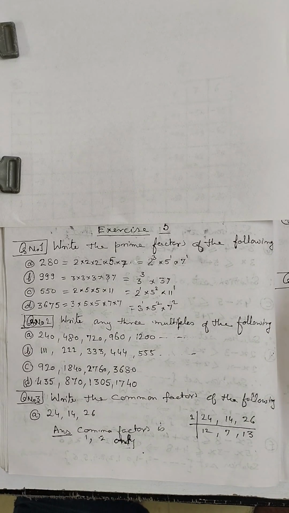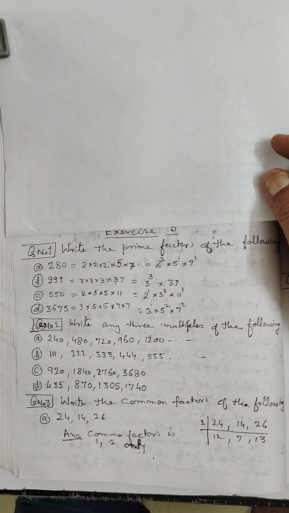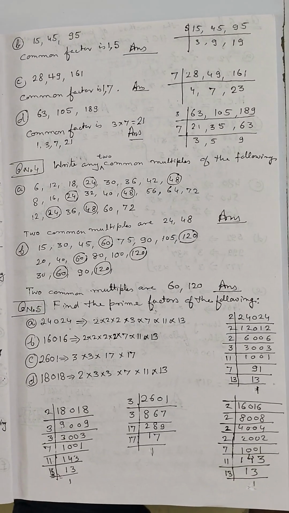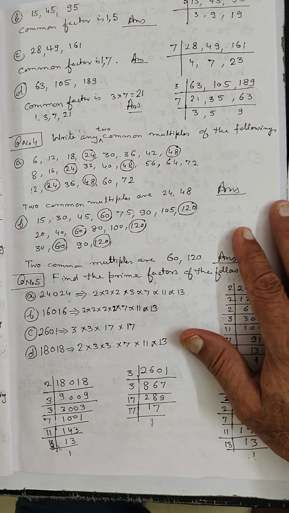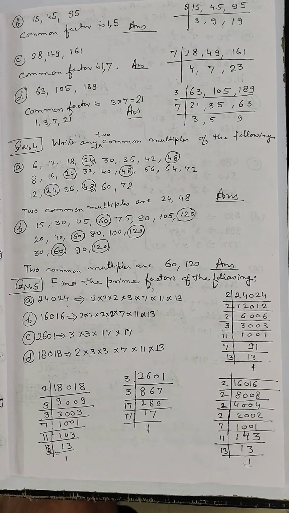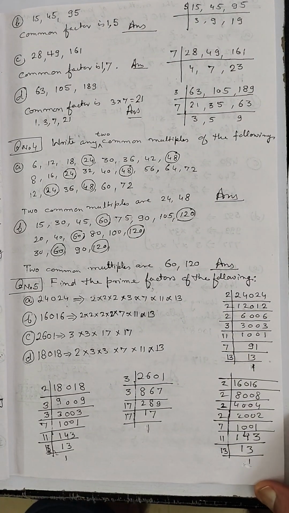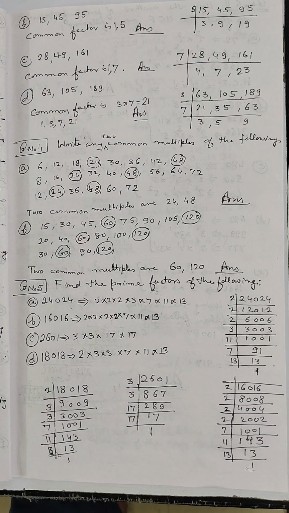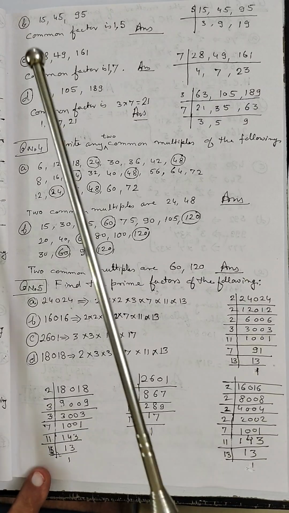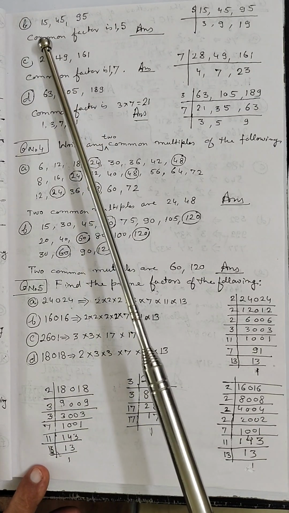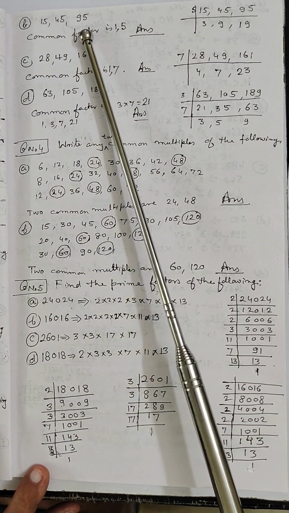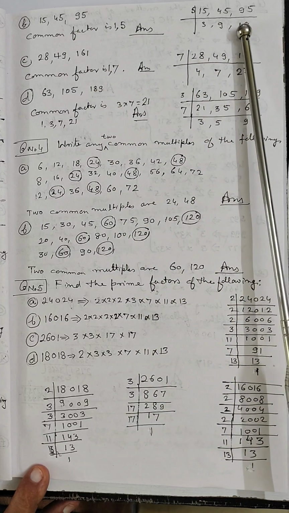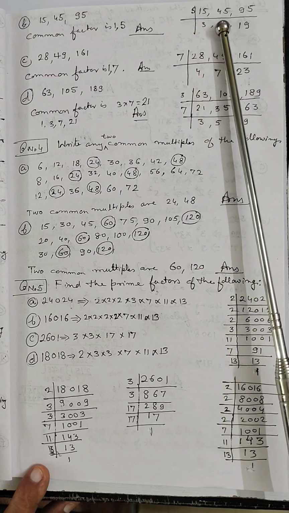Now proceed to the B part of question number 3. See, B part, that is 15, 45, 95. So write it in this way: 15, 45, 95. Divide all these three by 5.